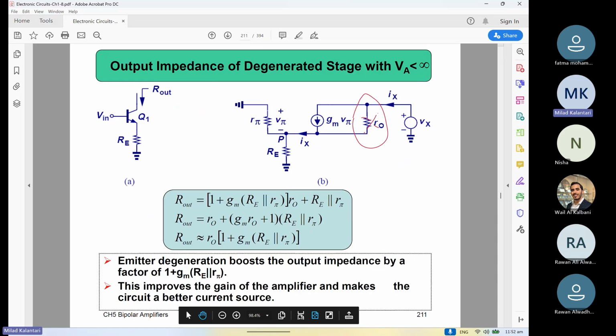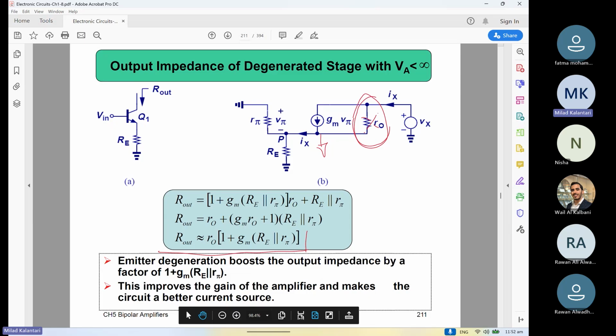For this one, you need to really write the KVL and KCL to figure out the value. There is no straightforward way, but after a while you can figure out the rule to find this output impedance. So basically, this equation is important at the end: normally if this were 0, you just see the R out, if the emitter didn't have the degeneration.